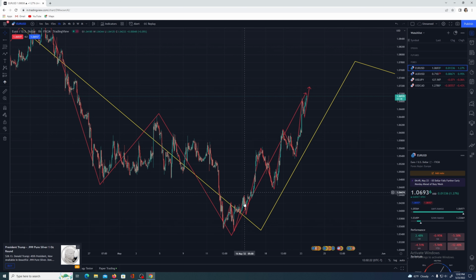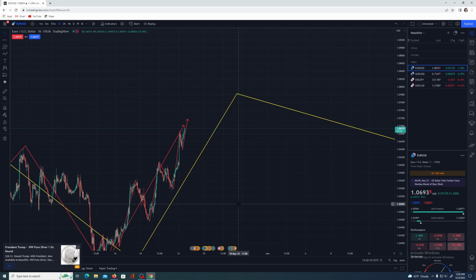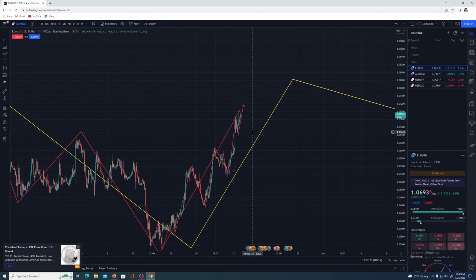Okay, at this point where we broke structure to the upside, I knew we were starting to put in a 4-hour bullish leg, right? And the inner structure of this 4-hour bullish leg is made of 1-hour bullish structure.